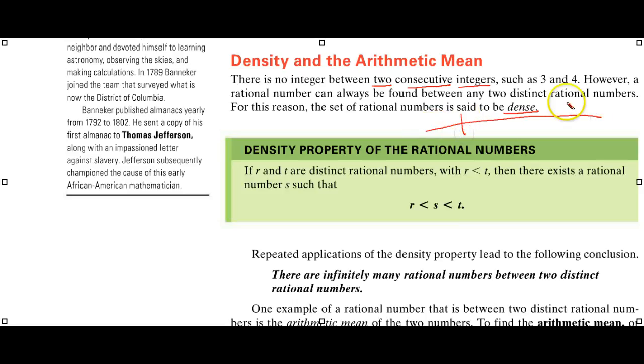A 3 and a 4, and all of the rational numbers that exist between the two of them. Now, how many are there between each set? The answer is there's an infinite number. Why? Because you keep going on and on, and it would never end.